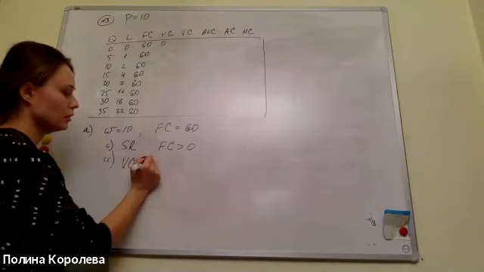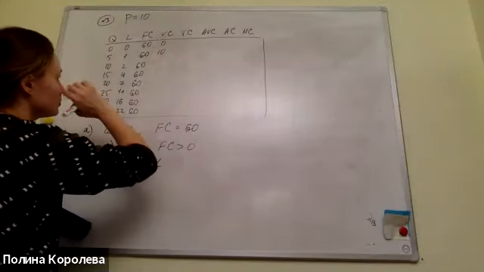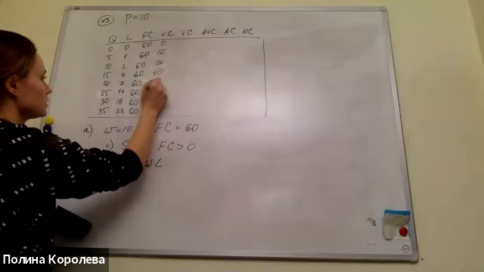When one worker, it becomes 10, because variable cost is wages. Then 2 is 20. Then 4 is 40. Then 70, 110, 160, and 220.